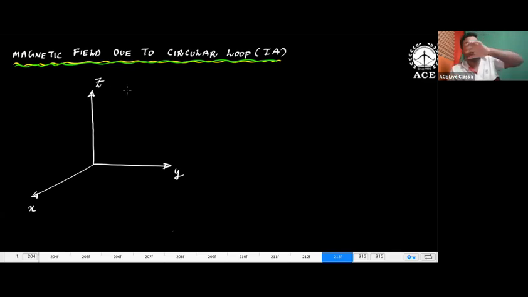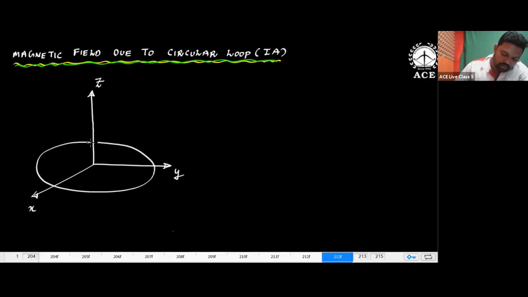Clear? So what I'm going to do, I'm going to take this circular loop in the xy plane. I'm going to place this circular loop in the xy plane. And the current is flowing like this. And the radius of this one is A. And how much current is flowing? I amperes. The current is flowing like this.